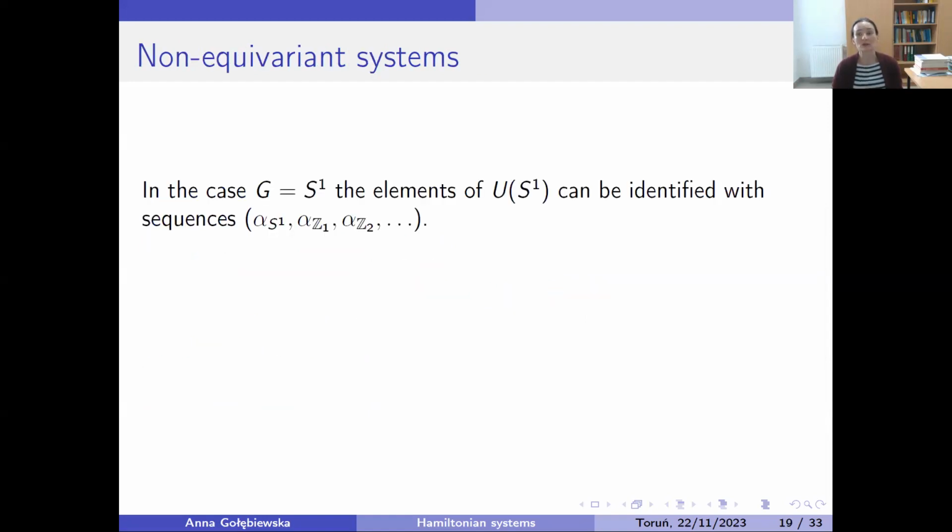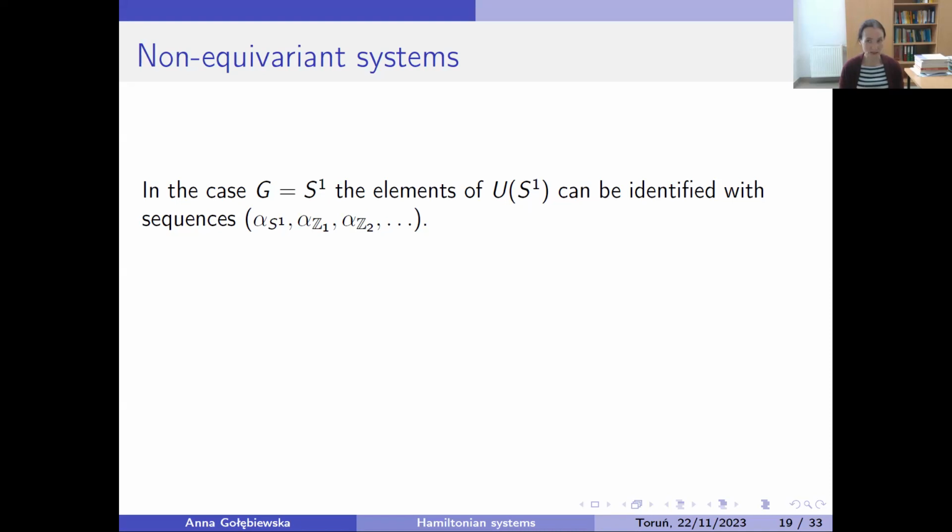So let me start with the non-equivariant systems, so the system in which I do not assume additional symmetry. The only symmetry I have is the symmetry given by the periodicity of solutions. So I have only the action of the group S1 on elements of this space. So in the case of G equal to S1, the elements of our Euler ring are not so bad because they can be identified with such sequences.